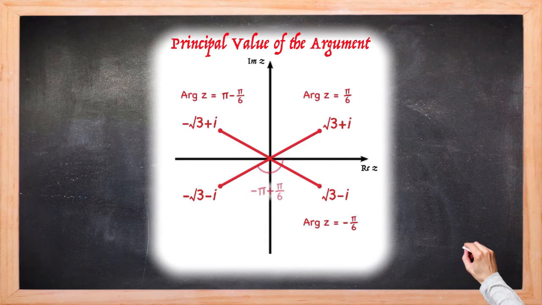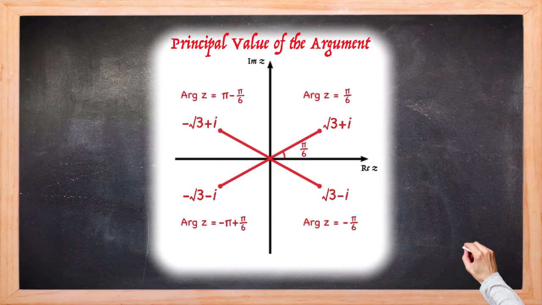So our argument there is negative pi plus pi upon 6. That's the negative of the second quadrant argument, just as the first quadrant argument and the fourth quadrant argument are the negatives of each other.